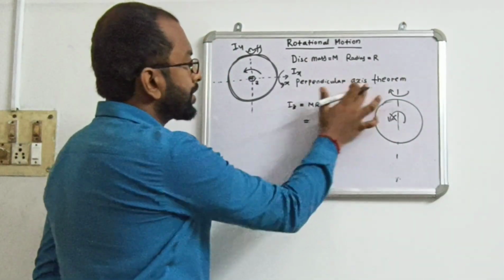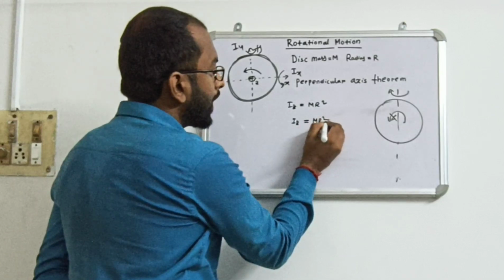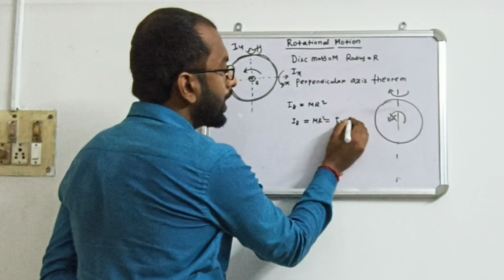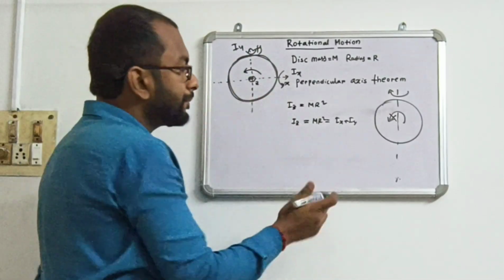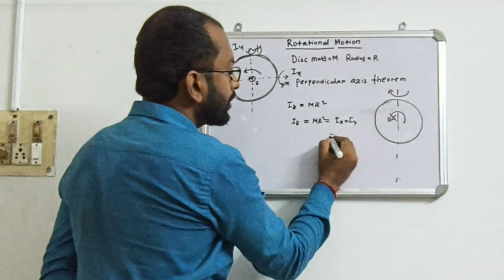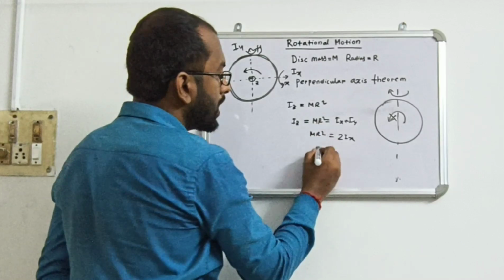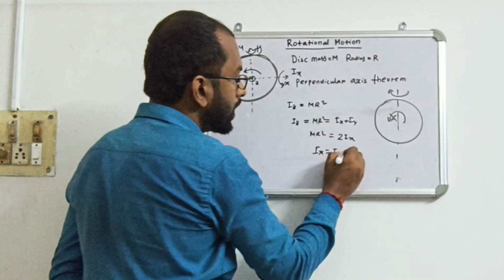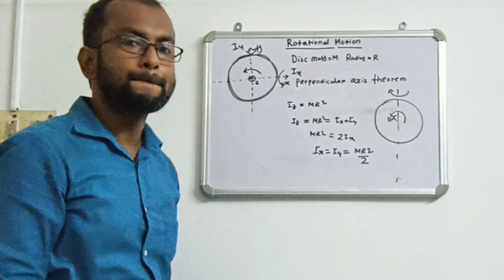Then from the perpendicular axis theorem, Iz is mr square, that is the sum of Ix and Iy. As the x and y axis are symmetrically dividing this ring, we can write that Ix equal to Iy. So here also the same thing will be there, 2Ix equal to mr square. So Ix equal to Iy, that is equal to mr square by 2 for the case of a ring.